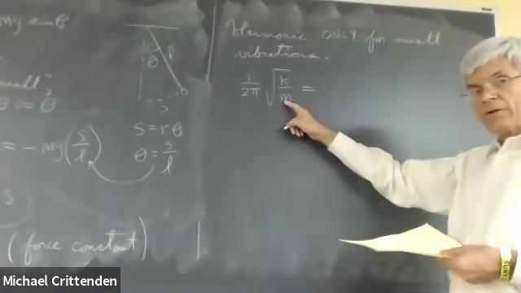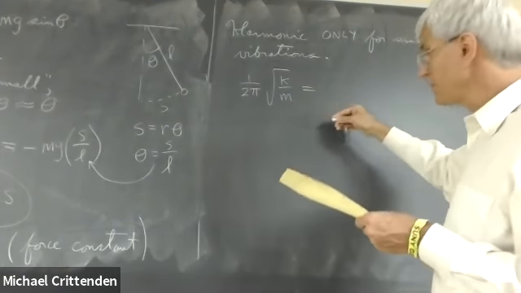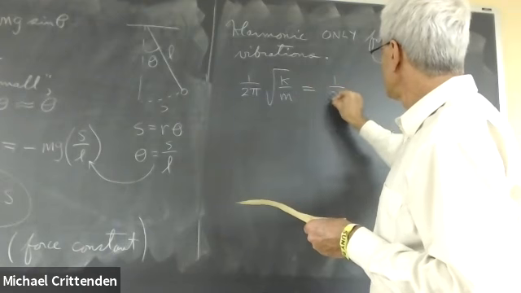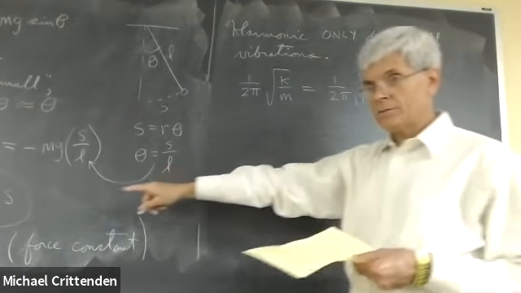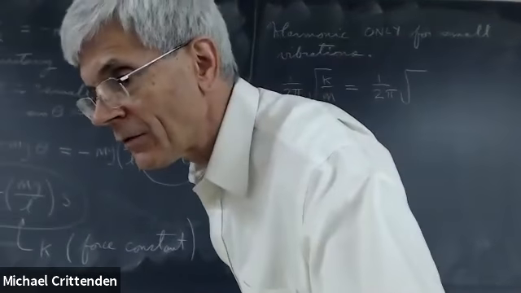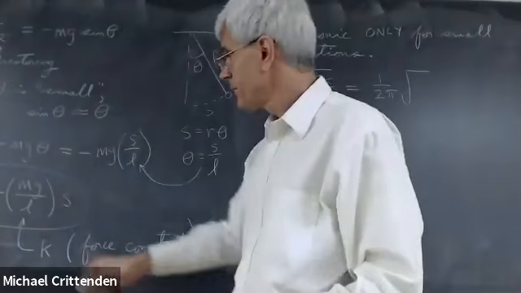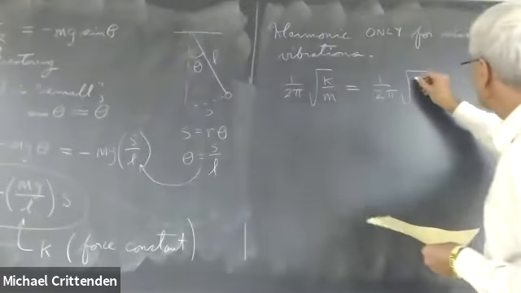Well, the frequency of a harmonic oscillator is 1 over 2 pi square root of k over m. And I just got done showing that for a small amplitude pendulum, k is mg over L. So we'll stick that in there.